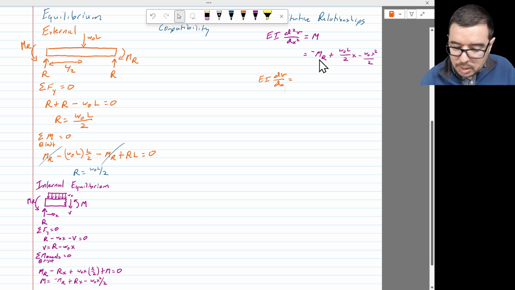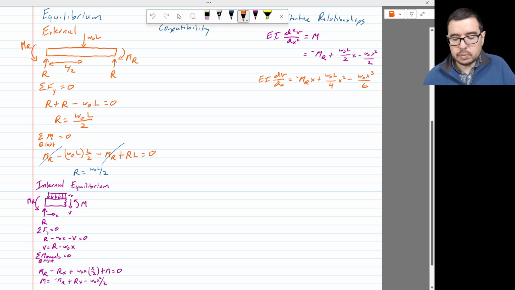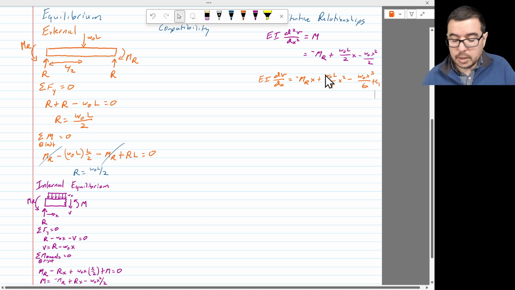That means that we can write minus MRx plus, now we have squared, so this is going to be W naught L over 4 x squared, and this is going to be to the third, so minus 1 W naught x cubed over 6, plus, since it's an indefinite integral, plus C1. So there's a little C1 there that you can kind of see.